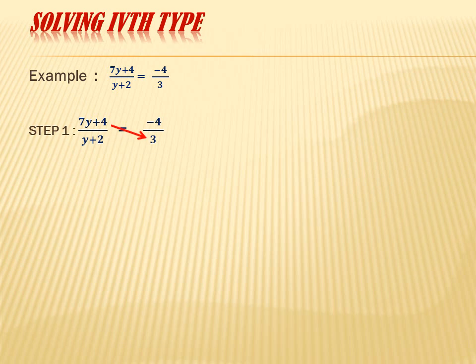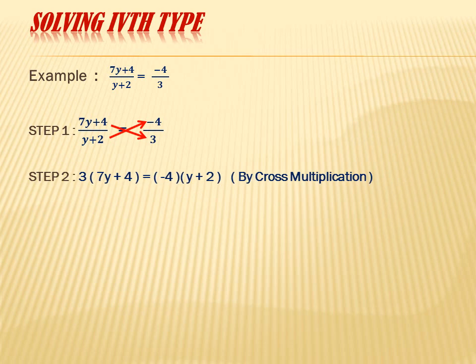That is, 7y plus 4 and its diagonal 3 will be multiplied, and it will be equal to the product of the other two diagonals, that is y plus 2 into minus 4. So that will give you this form, 3 into the first expression equals minus 4 into the denominator expression, and this method is called cross multiplication.